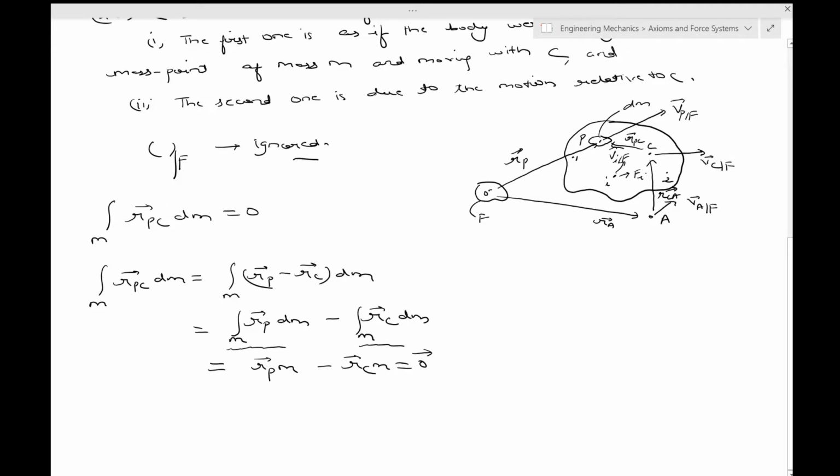Okay, and using this, this quantity is R_C m. This is equal to 0. Now similarly you can say that the integral of V_PC dm is equal to 0. One easy way is to just take a time derivative of this particular quantity, and then you should be able to get this.